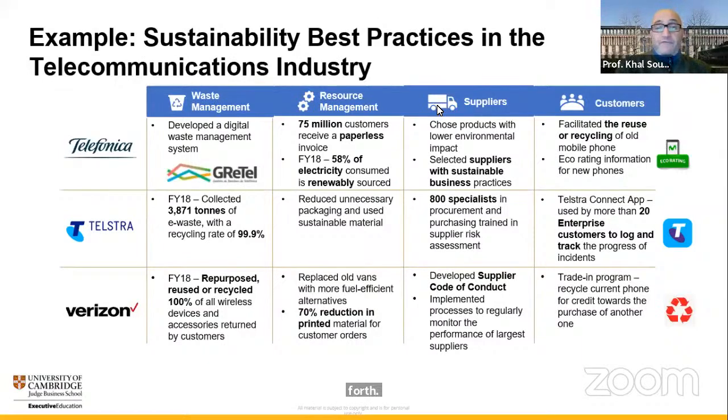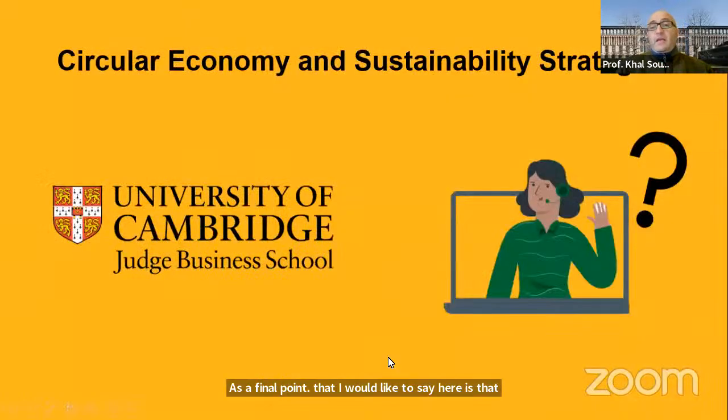So as a final point that I would like to say here, what we have been discussing is, if we want to achieve a sustainability strategy, it requires that we identify what could enable that strategy.